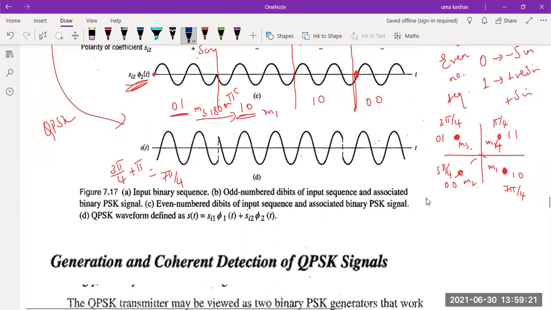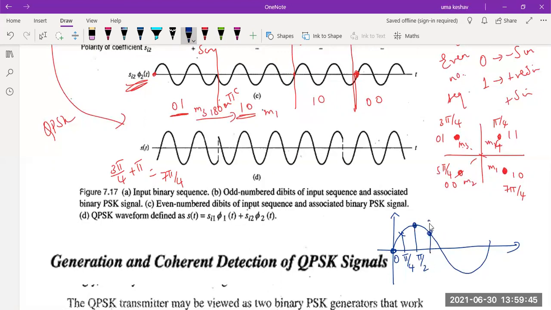Before you understand how to draw the corresponding starting and ending phases, let me show you the different phases for a sine wave. In terms of radians, this is 0. This point corresponds to pi by 4. This point corresponds to pi by 2. This point corresponds to 3 pi by 4. In degrees, this is 45, this is 90, this is 135.